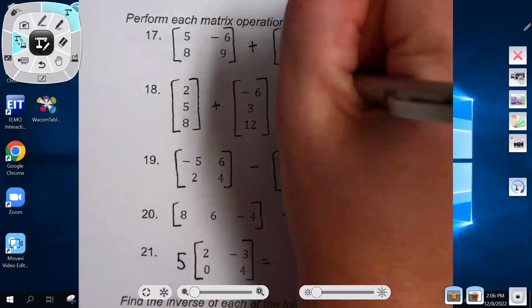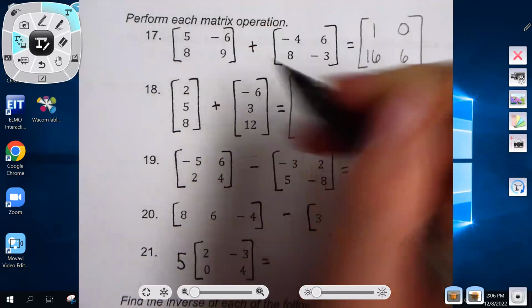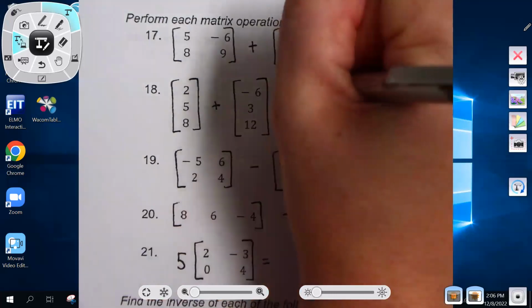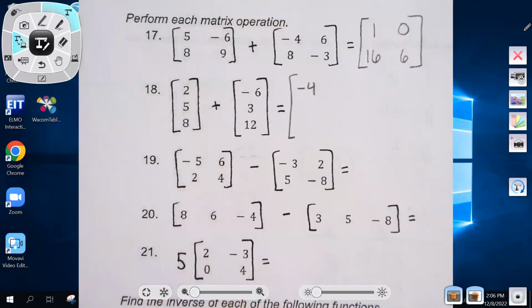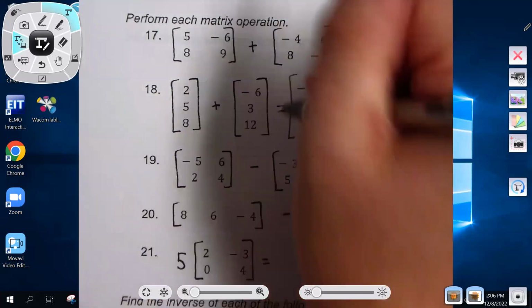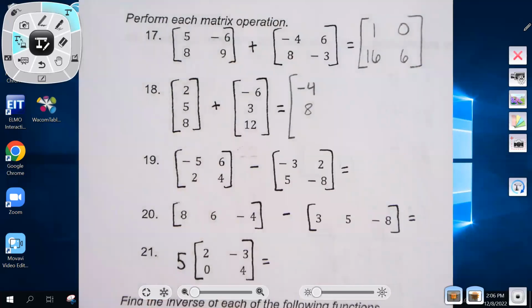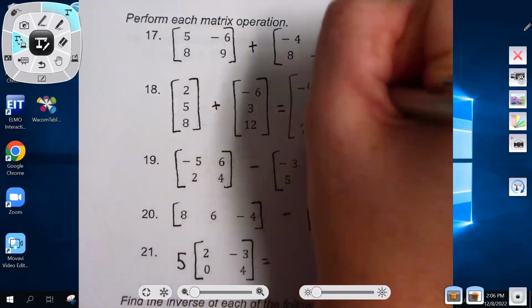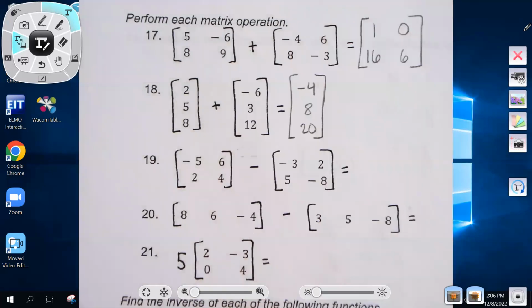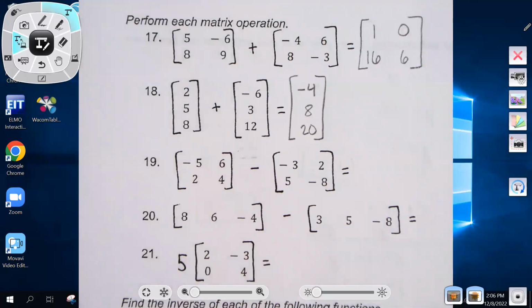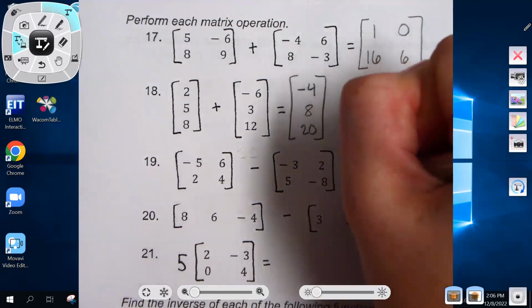Number 18, we're adding again. 2 plus -6 is -4. 5 plus 3 is 8. And 8 plus 12 is 20. We are subtracting on number 19.